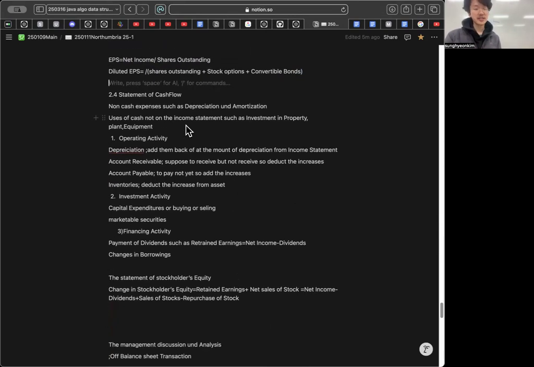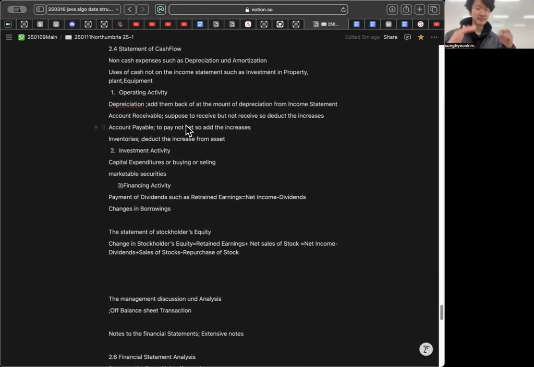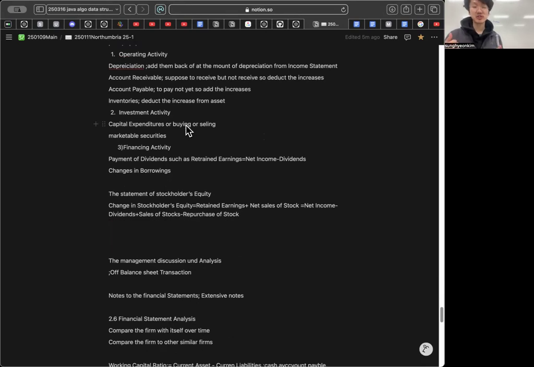And for the statement of cash flow, we should deduct and add items not really spent in the income statement. For example, in operating activity, depreciation, we should add back the amount of depreciation from the income statement because we didn't really spend it. For account receivable, we were supposed to receive it, but we did not receive it yet, so we should deduct the increase.